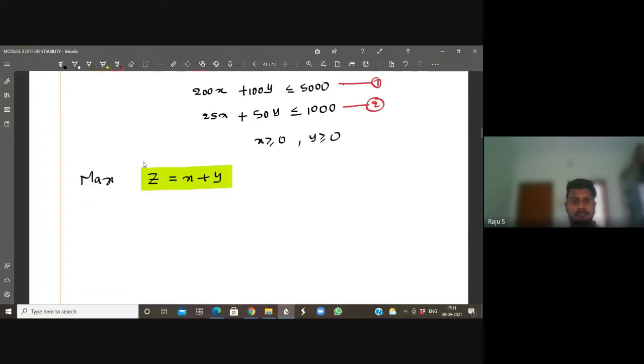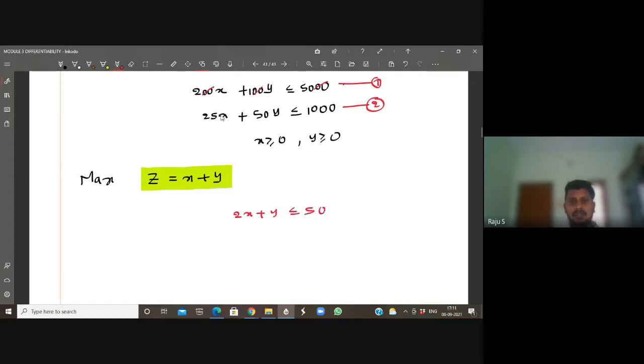Now the procedure is the same. You can take the equation 200x plus 100y is lesser than or equal to 5,000, which can be written, when I cancel two zeros, as 2x plus y lesser than or equal to 50. This is the equation.